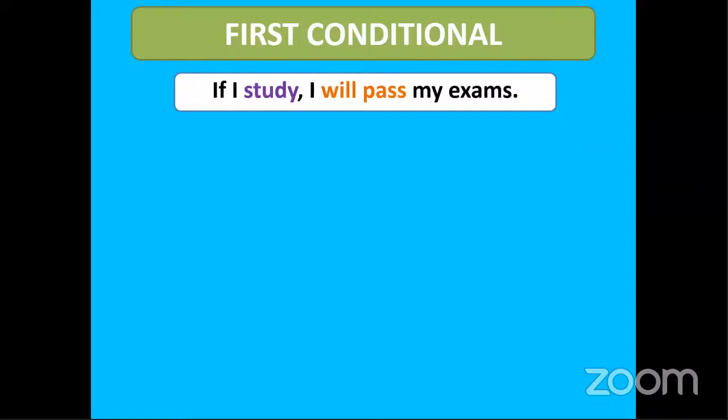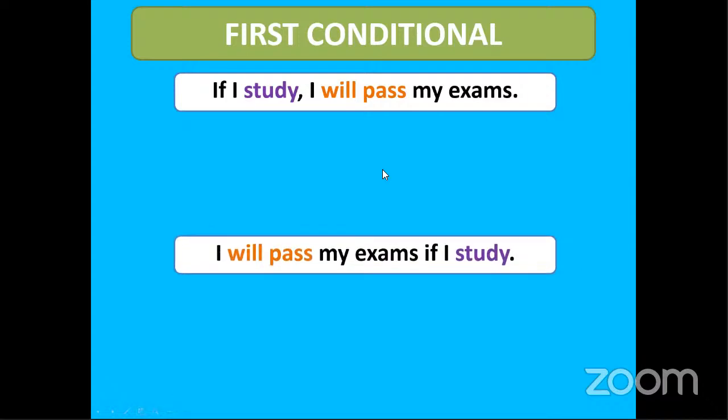As you can see, we have the two different clauses. They are separated by the symbol, comma. We can also work vice versa. I mean, we can start with the consequence clause and then the conditional clause. When we work in this way, the symbol comma is not included. I repeat, when we work in this way, clause number one is the consequence clause.